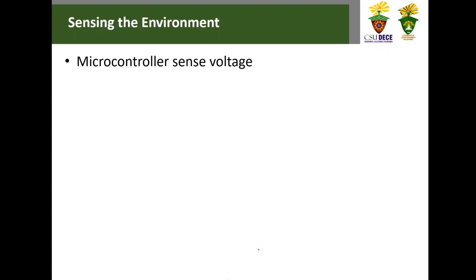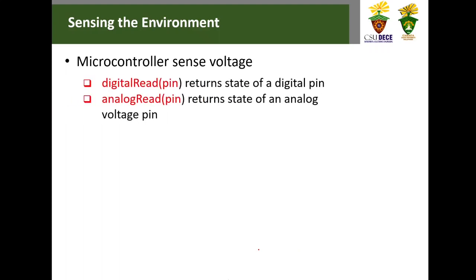So dapat i-convert pa na tong mga analog or digital nga input to a voltage para mabasa sa atong microcontroller. So for that, para mabasa na siya, we can use digitalRead, indicate the pin, and it returns the state of a digital pin.